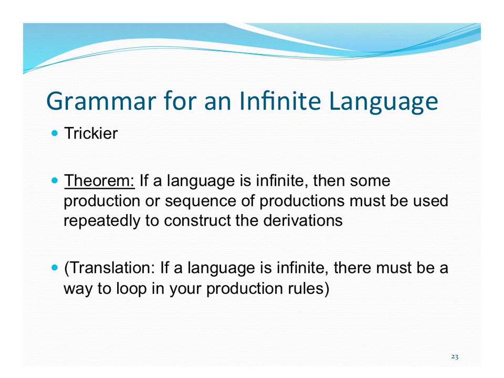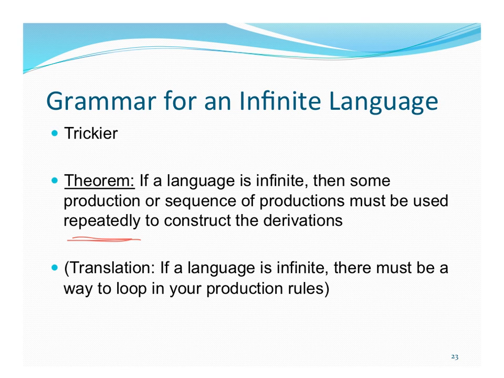Of course, it's trickier when you get to an infinite language. There's a theorem that says if a language is infinite, then some production or sequence of productions must be used repeatedly to construct the derivations, right? What does that mean? If your language is infinite, there has to be some loop in your production rules, right?